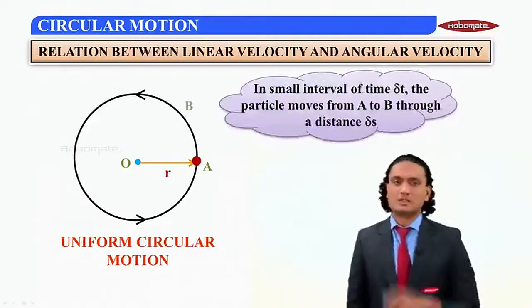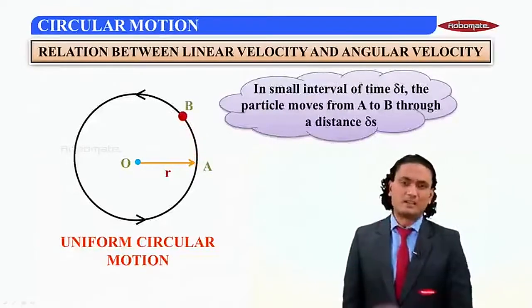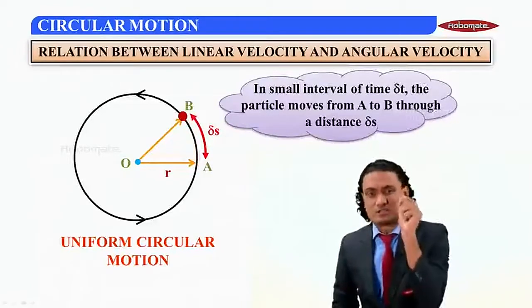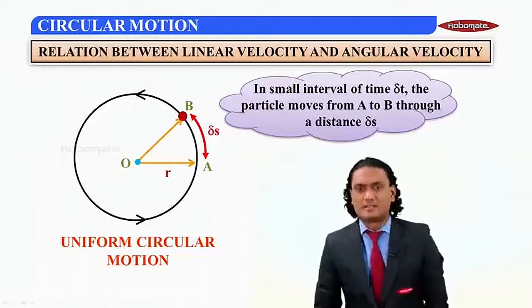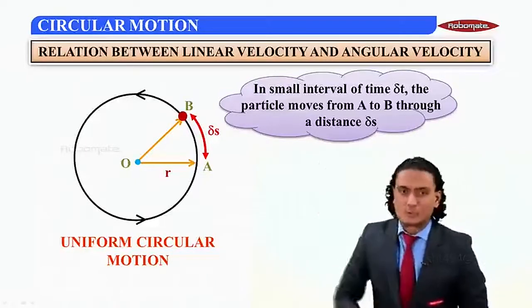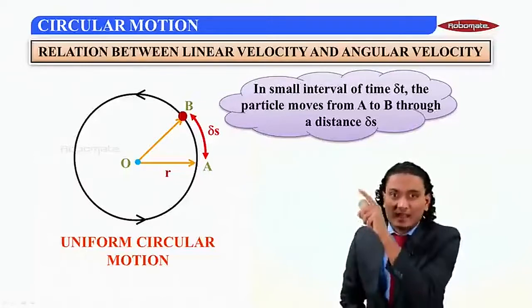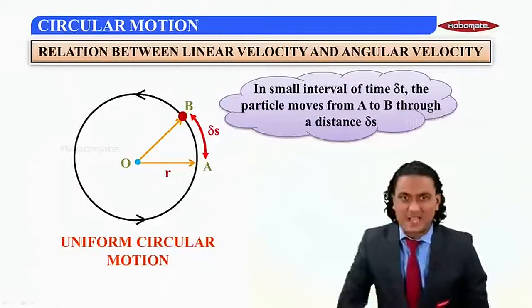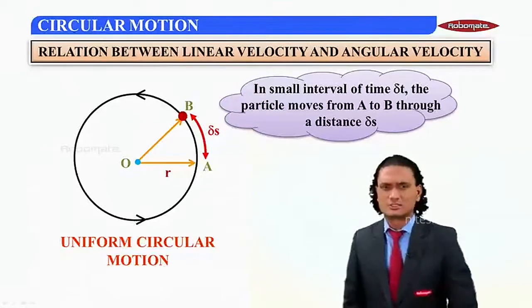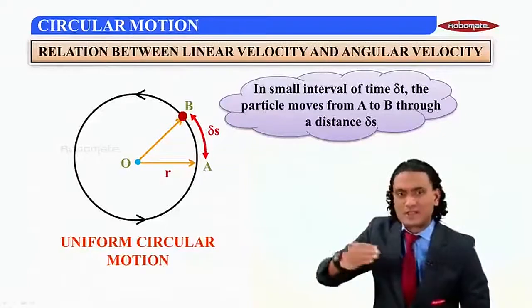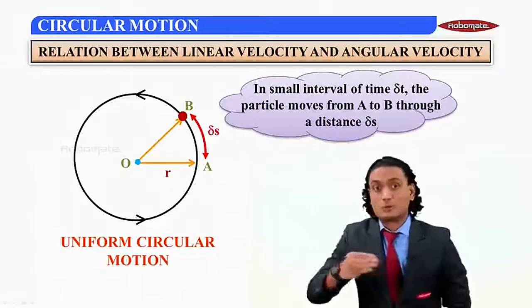Now students, let us say this particle is moving from A to B in a very, very small interval of time delta t. Now this arc length AB is also very small, so it is denoted as delta S. As the particle moves from A to B, the radius vector will move through some angle.